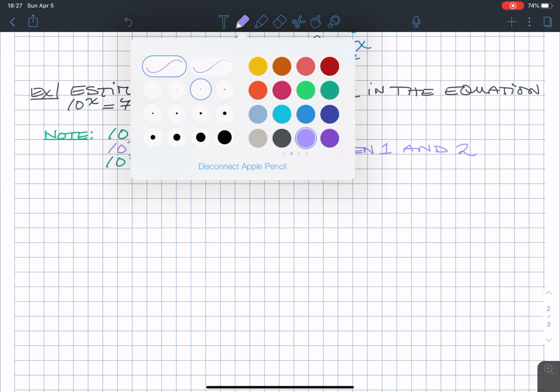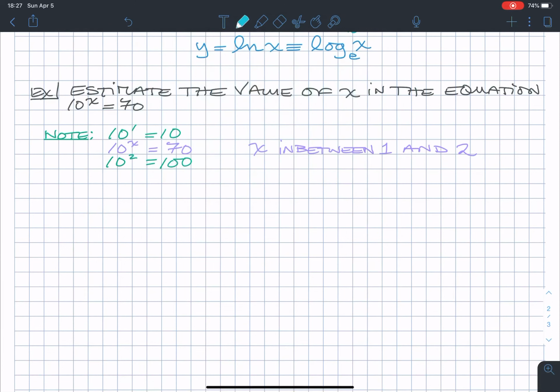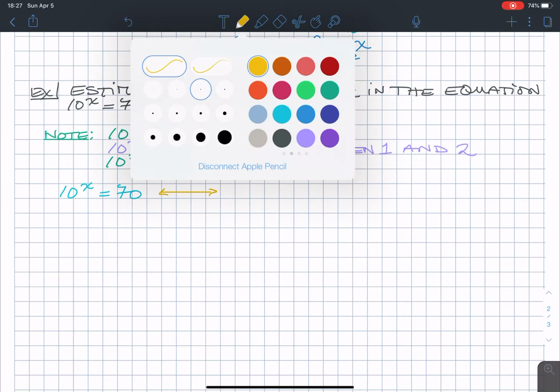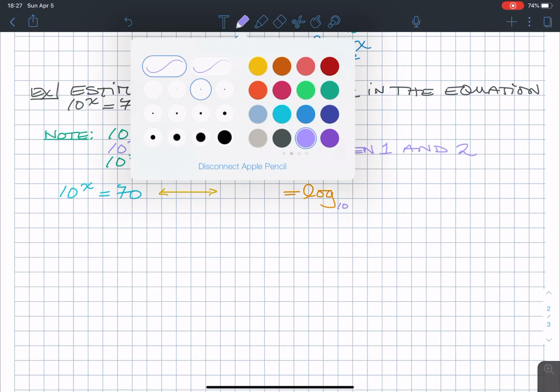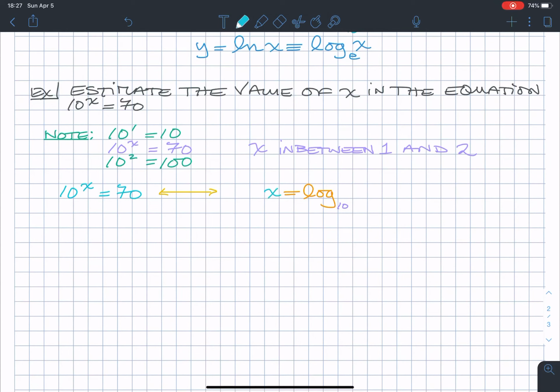Okay, so let's start with what we were given. 10 to the x is equal to 70. Well, this is equivalent to, I always write equals log. I know my base is 10. I'm raising it to the power of x and setting it equal to the argument 70.